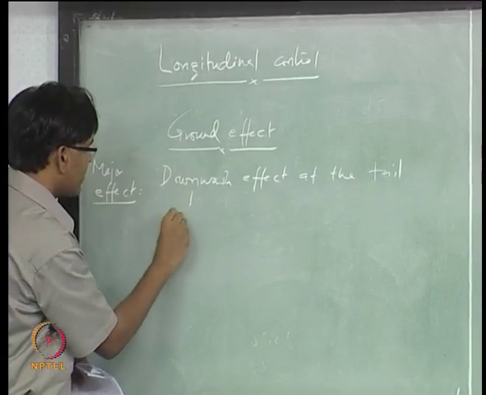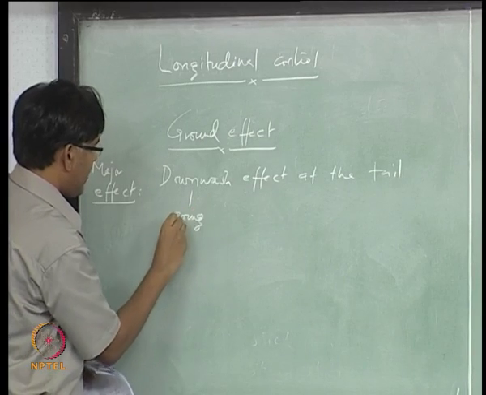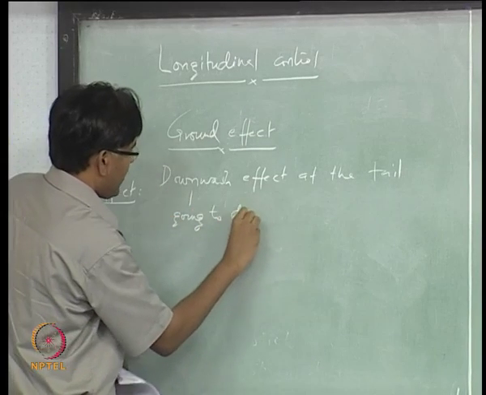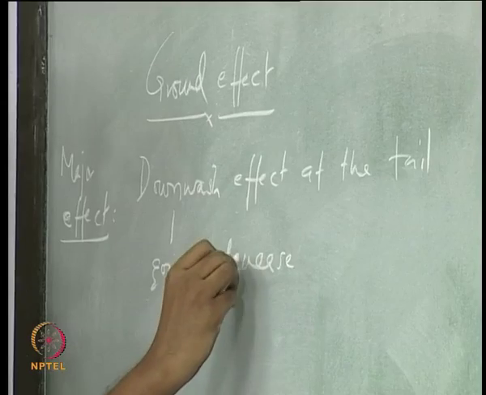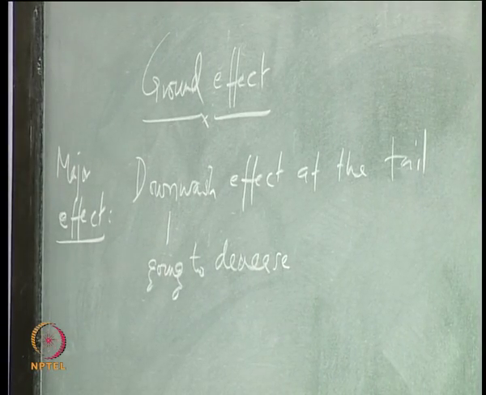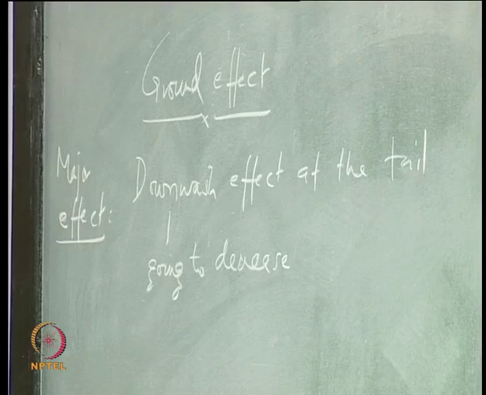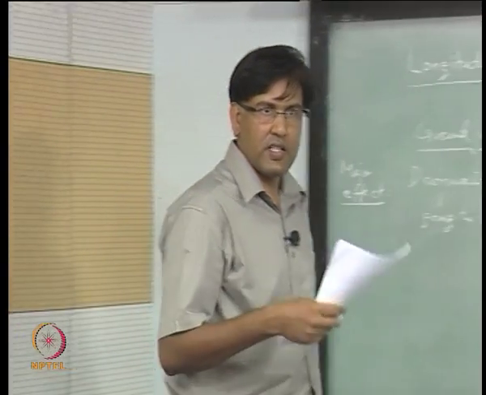Downwash is going to decrease, right. What is it going to do if the downwash is going to decrease? It is going to change the trim and stability characteristics both, right.